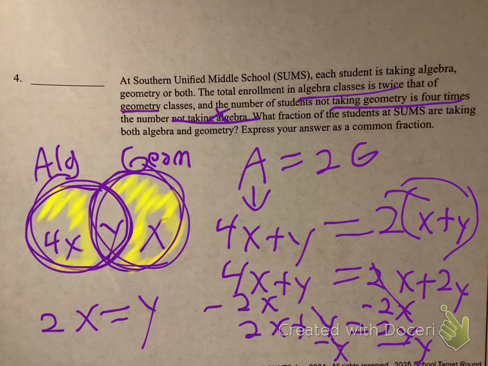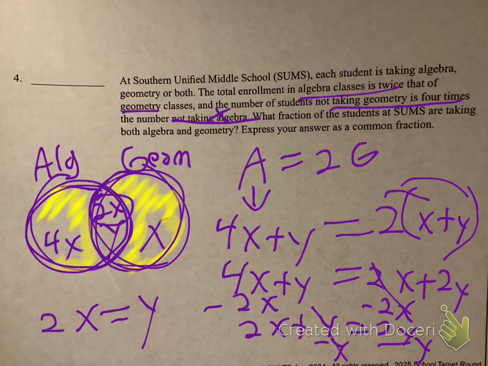Well, that's super helpful, because right now I put in the middle that it's y, so this region is y. So what I'm going to do now is replace that with, that's going to be called 2x, because now we're all in terms of the same variable, which is super helpful.